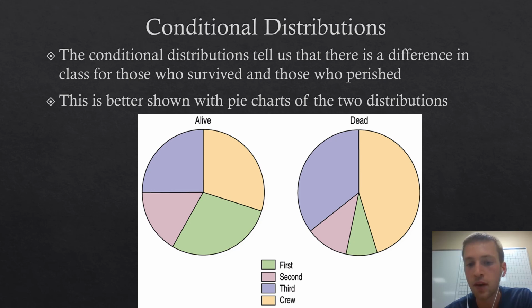Whereas if we look at the dead, probably about 1/3 of people who died were also a part of third class. So a benefit of displaying things in a pie chart, or any display for that matter, is that you can easily compare conditional distributions. Here we see that first class people survived much more often compared to the lower classes.